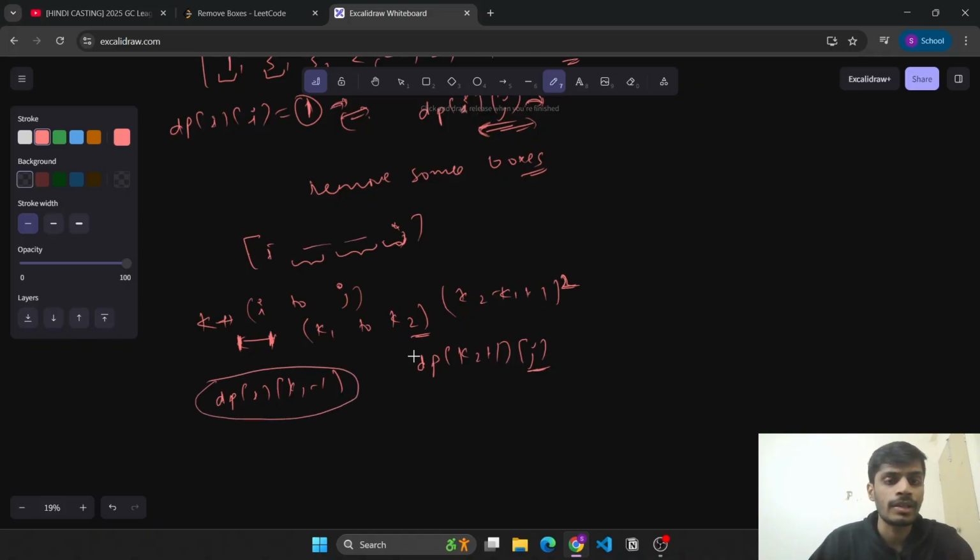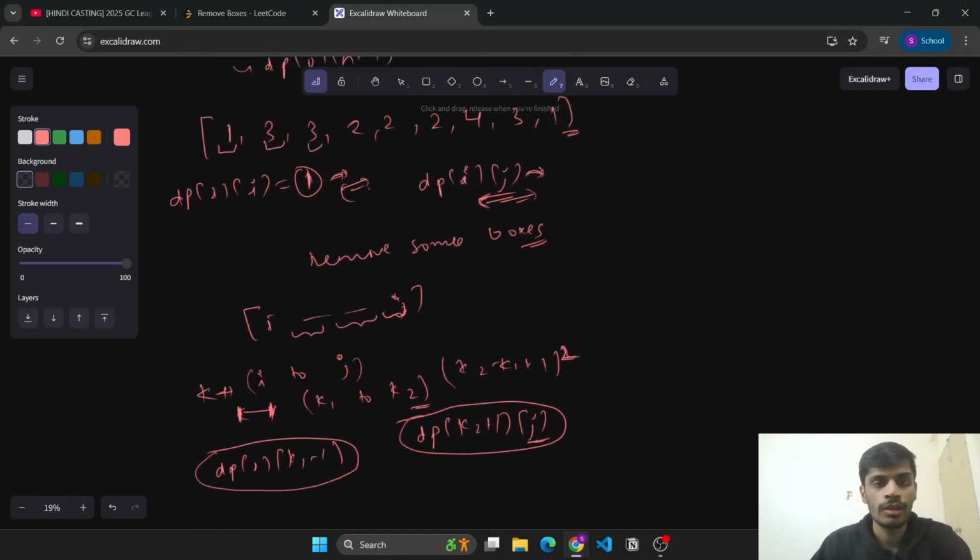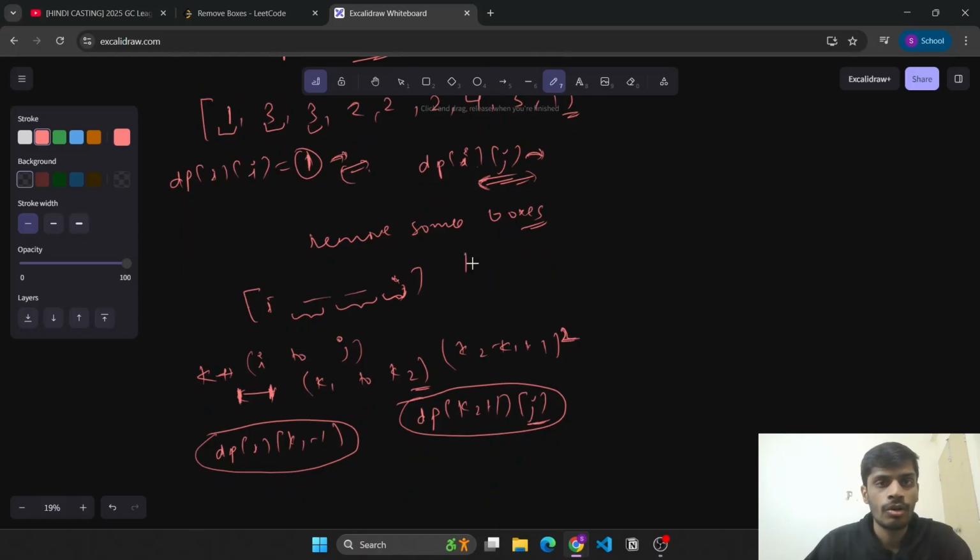Now the problem here is that when we do this, suppose it was 3 3 2 2 2, and suppose it was 3. Now these were the i to j, and we removed this portion.